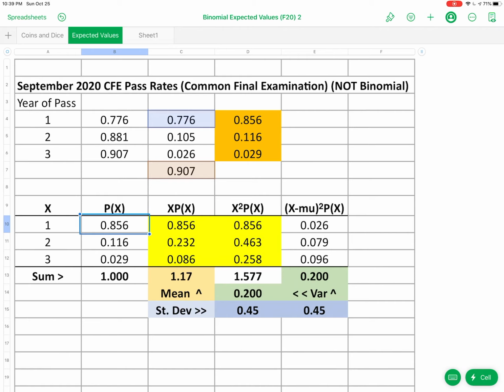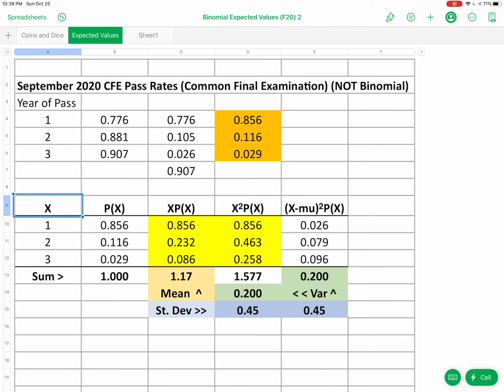And then you could take a random sample of 10 accountants, CPAs, and you should find that 85% of them got their CFE in their first year, that kind of thing. That's different from this kind of problem, which is saying, how many years did it take you to get your CFE? 1, 2, or 3.